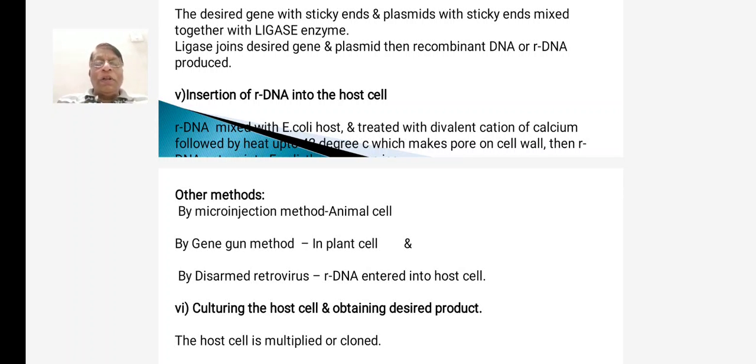So now the rDNA enters into the bacteria, the E. coli cell or the host.